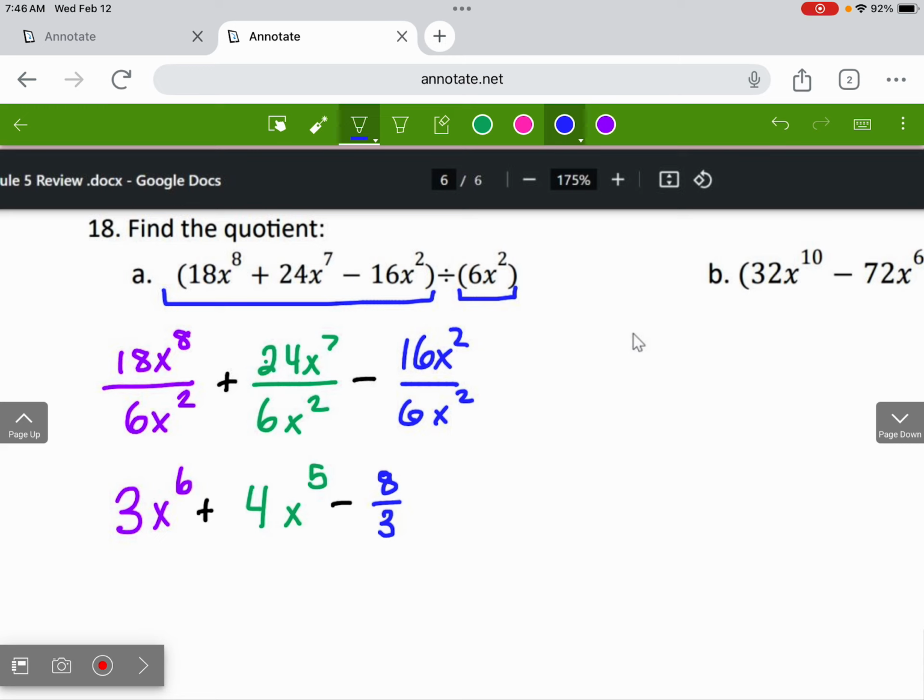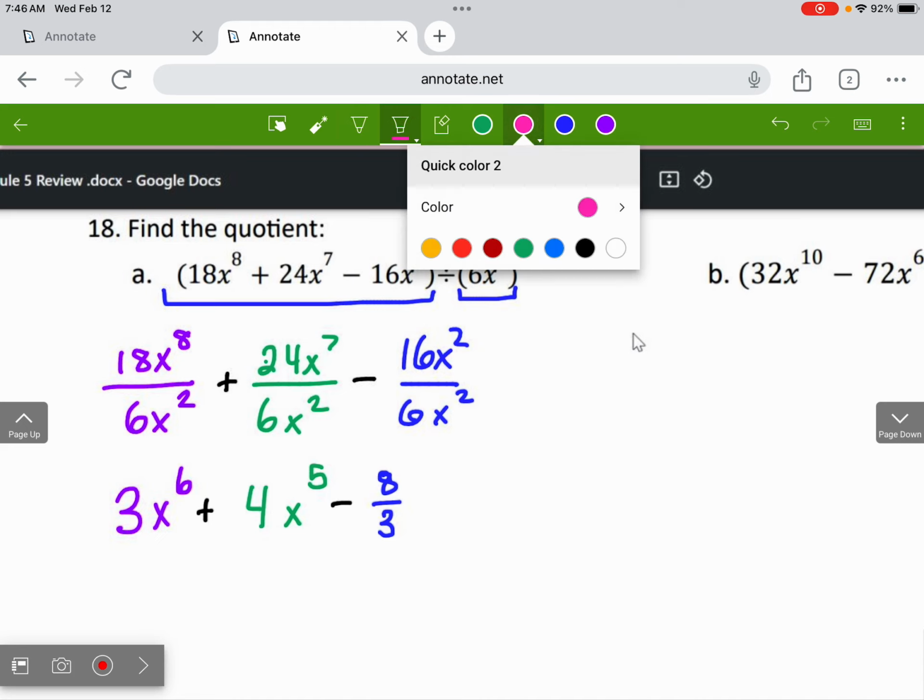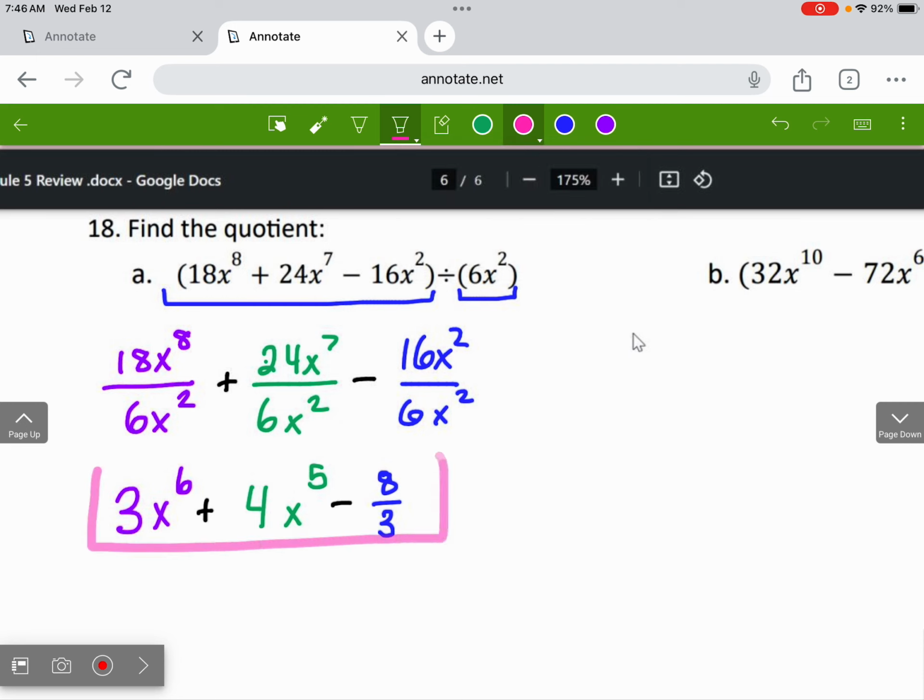They cancel out. That's the same thing as having 1. So we're left with just our 16 over 6, also known as 8/3. So if we have fractions, we have fractions. It's okay. It's unpleasant, but it's okay. We're allowed to have fractions. This is our answer. There's not any more simplifying we can do.